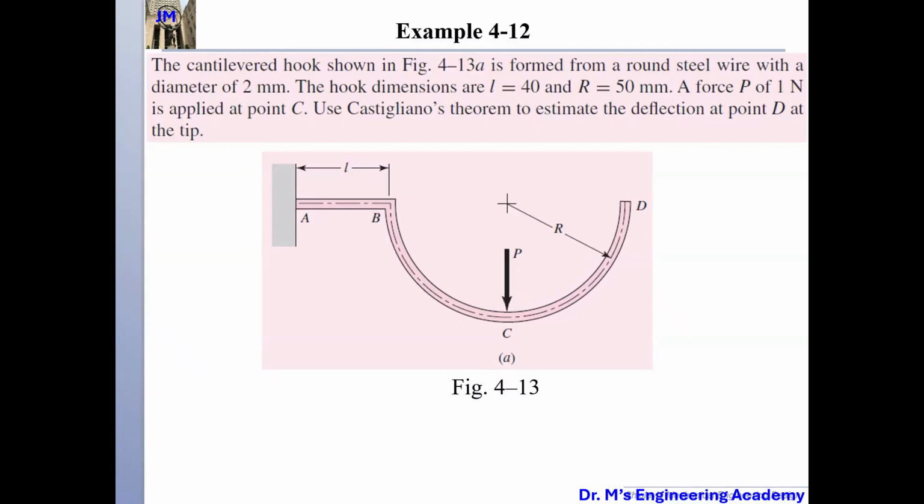Now, for our case, delta equals dU/dQ, and we plug in 1 over EI, integral of M, dM/dQ, R dθ.